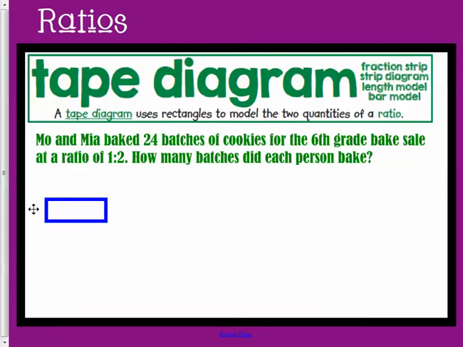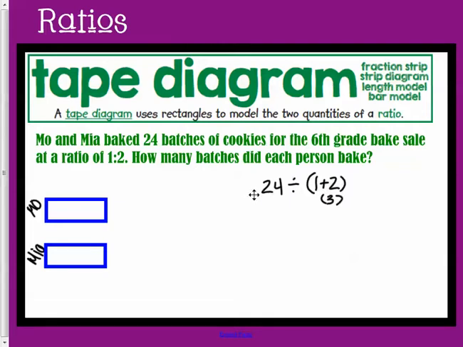Okay, so I'm going to write Mo's name here and Mia here. If I do a tape diagram, I need to take the 1 plus 2, add it together, and I know I am going to be dividing that number, which is 3, into 24. 3 goes into 24 8 times. So the 1 is the number of batches that Mo makes, and the 2 is the number that Mia makes.